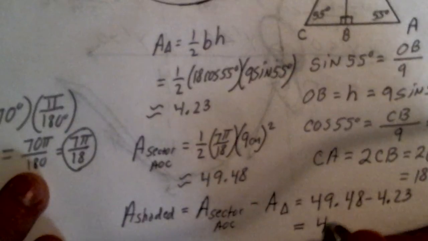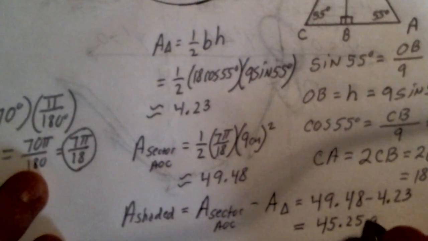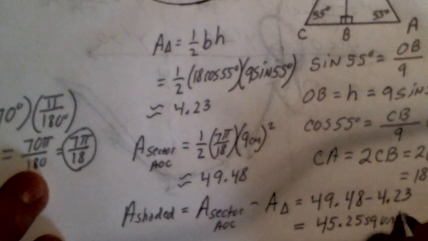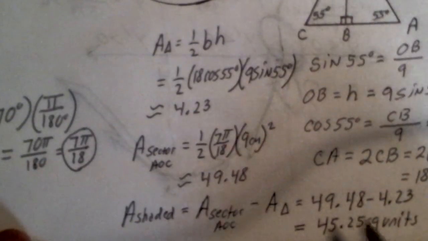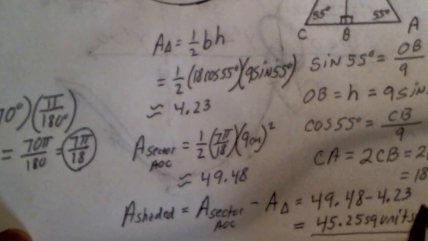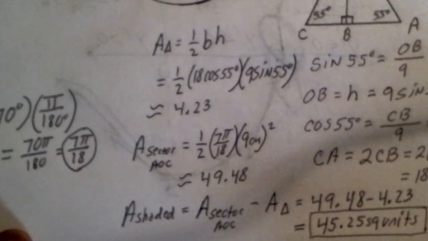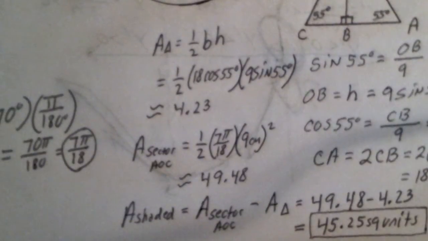So about 45.25 square units would be the approximate area of the shaded sector there. And so that's what I'm coming out with that problem there.